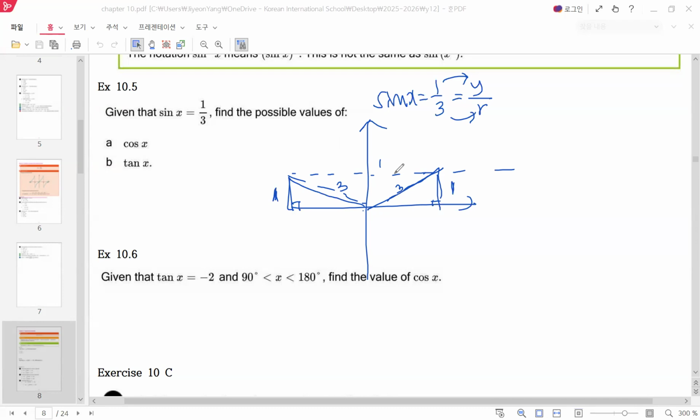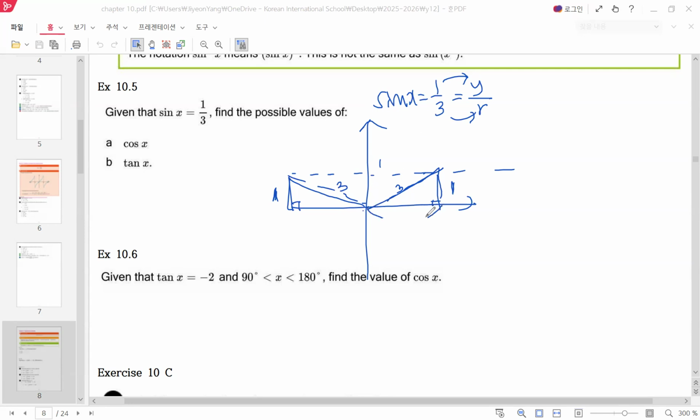We all know that on the first quadrant and on the second quadrant, the sine value is positive, right? Yes.